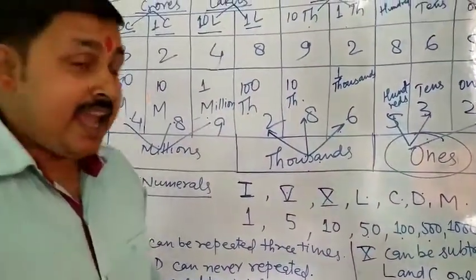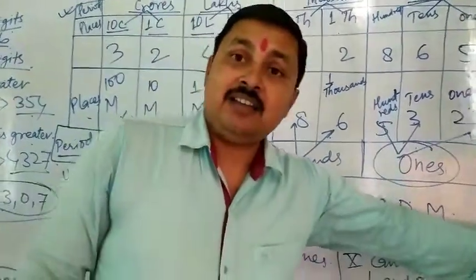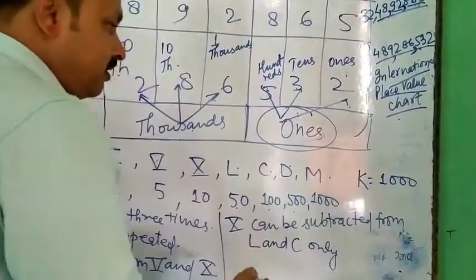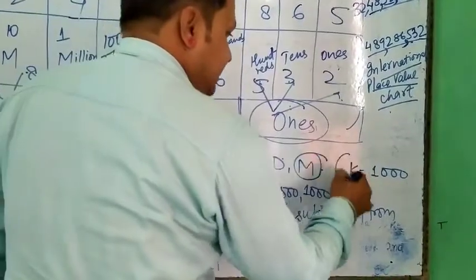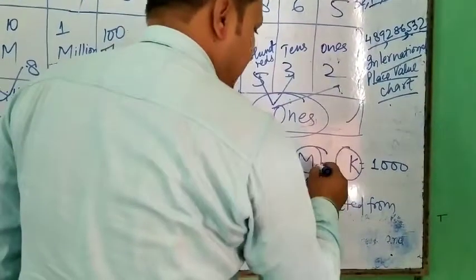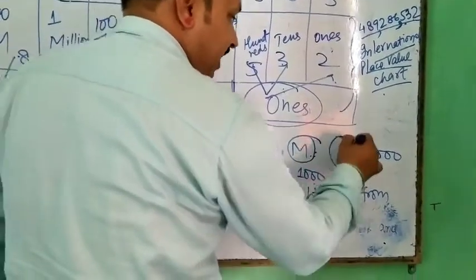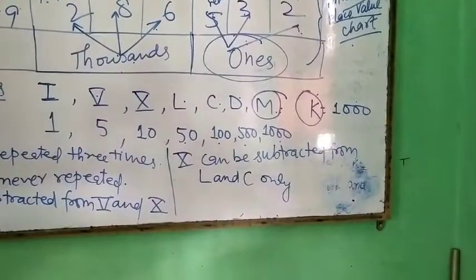But K is also used for 1000. So these are equal: the value of M is 1000 and the value of K is also 1000.